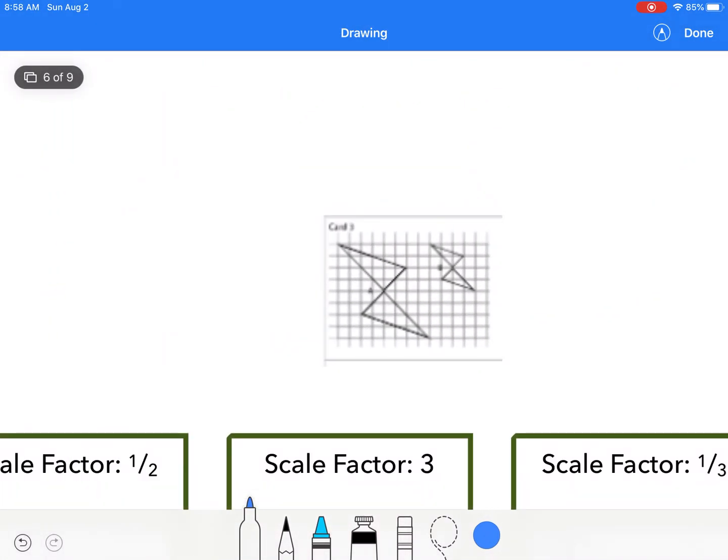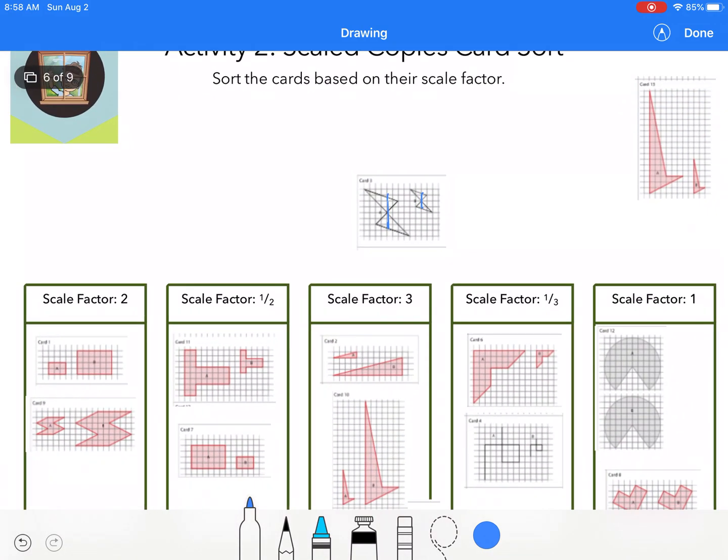So I'm going to look at this line, which is 1, 2, 3, 4, 5, 6, and 1, 2, 3. So again, that would be 1/2 because 6 times 1/2 is 3.